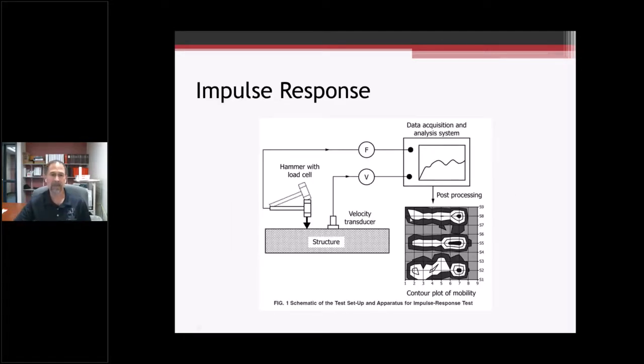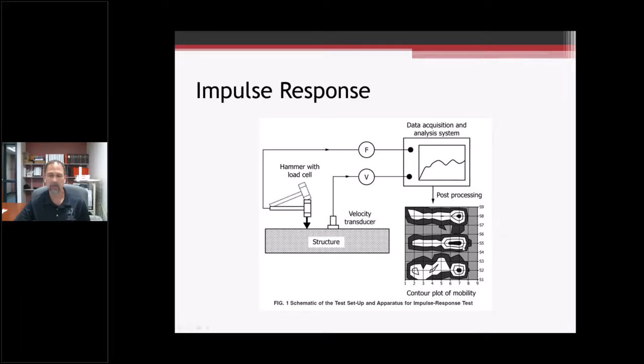So again, we've got this hammer with a load cell, so we know the force that's going into the structure. We've got a velocity transducer with a geophone. We're figuring out the velocity, and what we're plotting is a value called mobility, which is a ratio of force and velocity at a specific frequency.